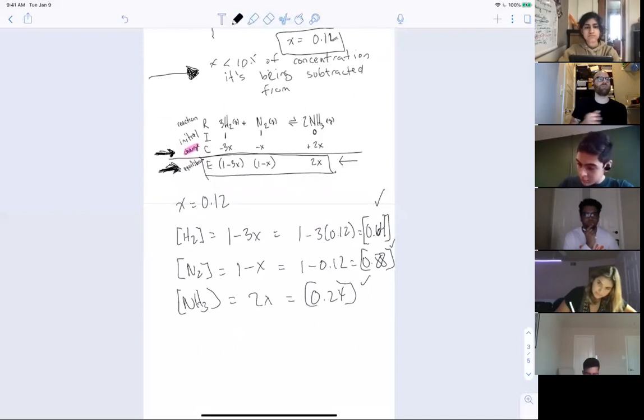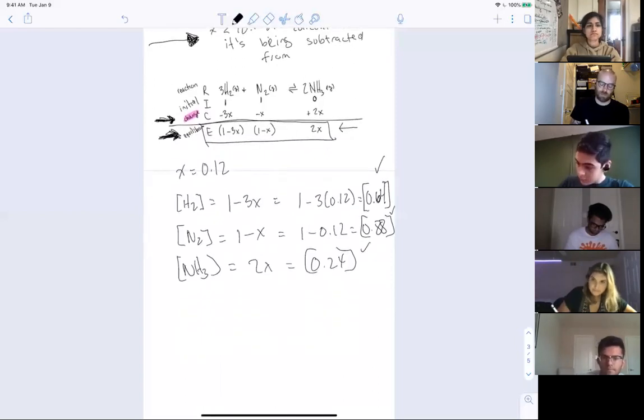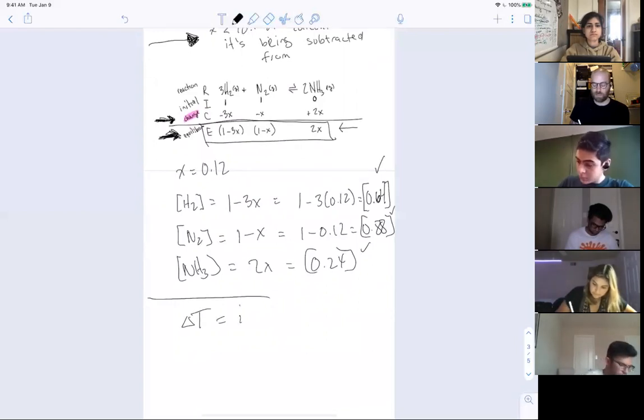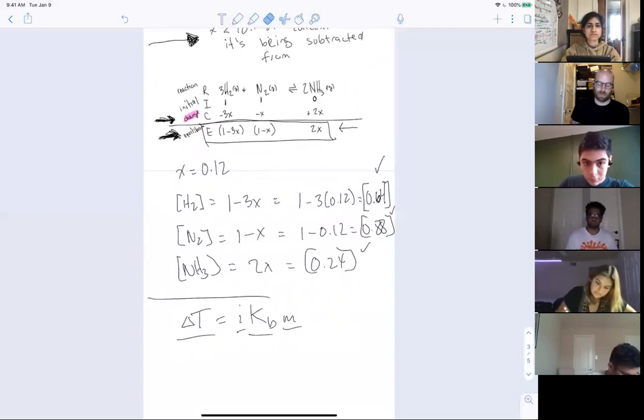So it's not a super straightforward problem-solving thing. I think the reason this gives students trouble is because we get so used to doing things like we did with the colligative properties, where it's like, oh, I have this equation, delta T equals i times Kb times molality, and I just plug in these numbers and it spits out whatever I'm looking for.